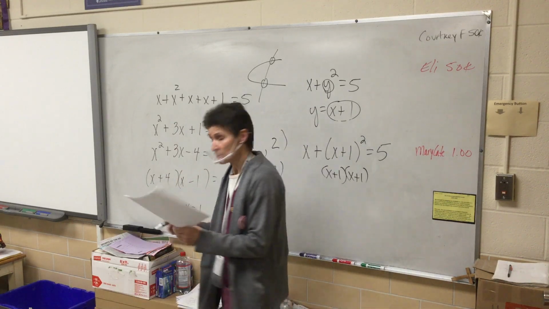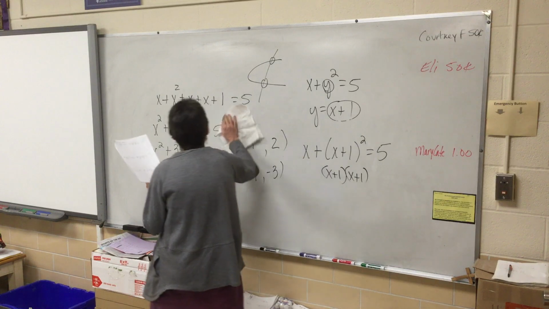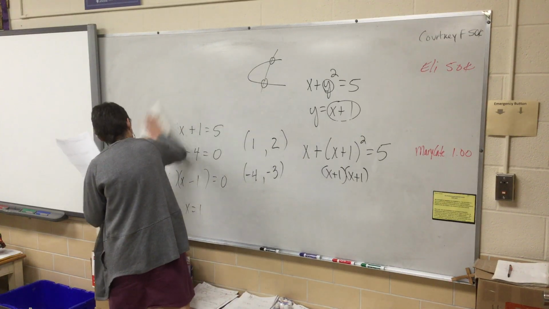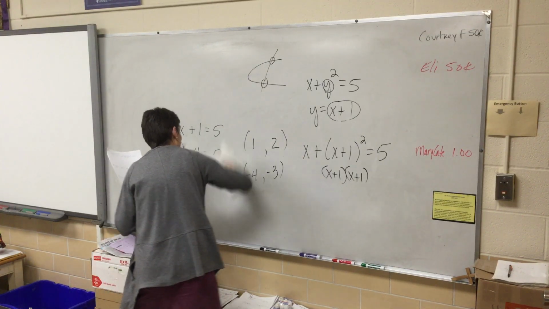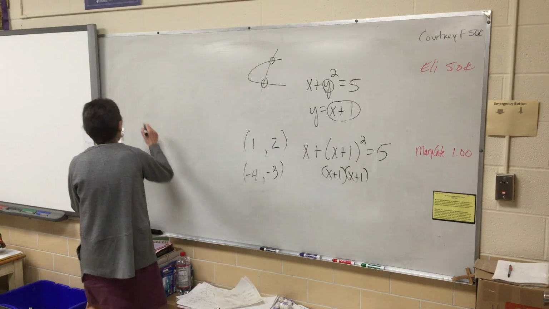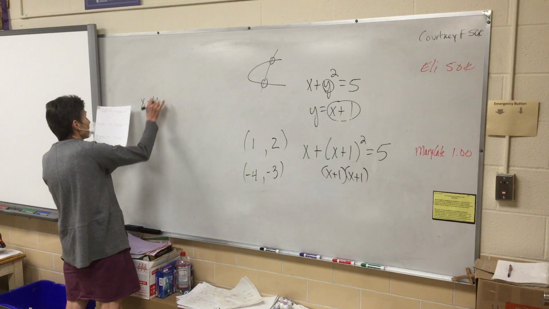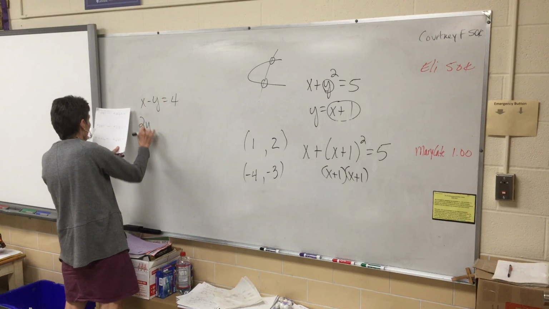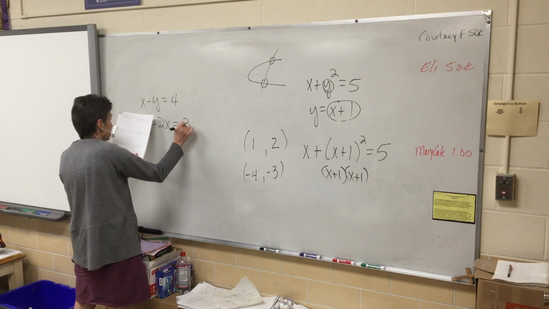All right, one more substitution one, and then I'll shut up, okay? Number 6. x minus y equals 4, and 2y minus 2x equals 3.